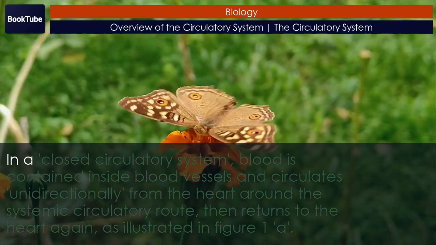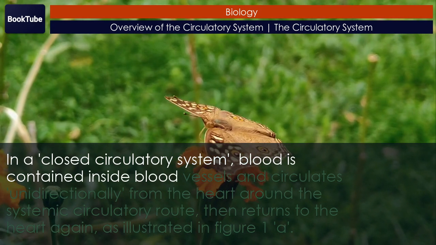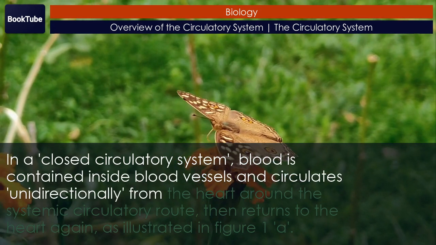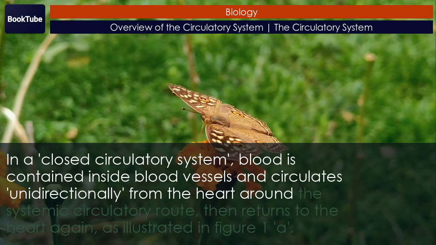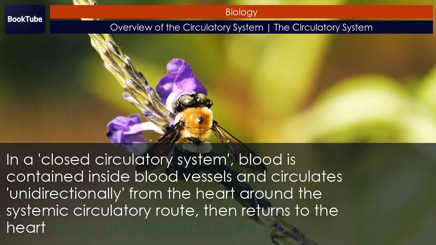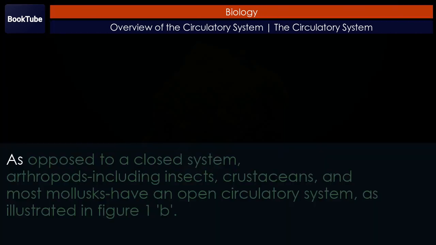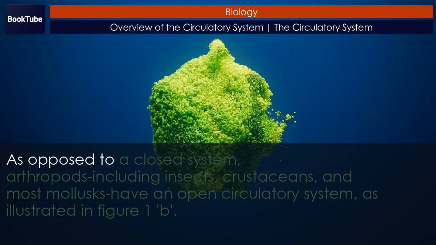In a closed circulatory system, blood is contained inside blood vessels and circulates, unidirectionally, from the heart around the systemic circulatory route, then returns to the heart again, as illustrated in Figure 1, as opposed to an open system.